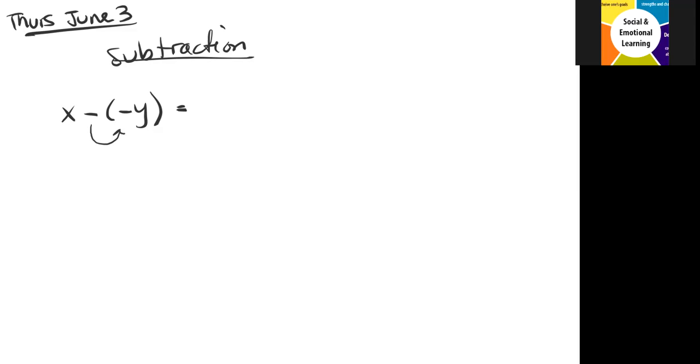So what we're going to get is x plus y, because we remember that -1 times a -1 is going to give us a positive value. So this is what happens when we open up the brackets that way.